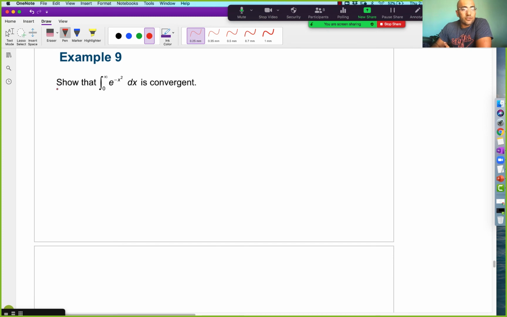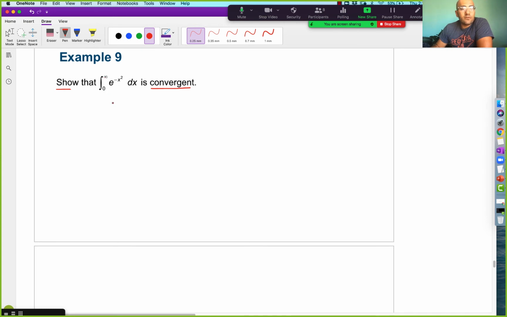They're just telling me to show that it converges. So in order to show that this guy converges, it would be nice if I found a function that was always bigger than this one, and yet that bigger one converged. That way I can say, yep, the smaller one must also converge.